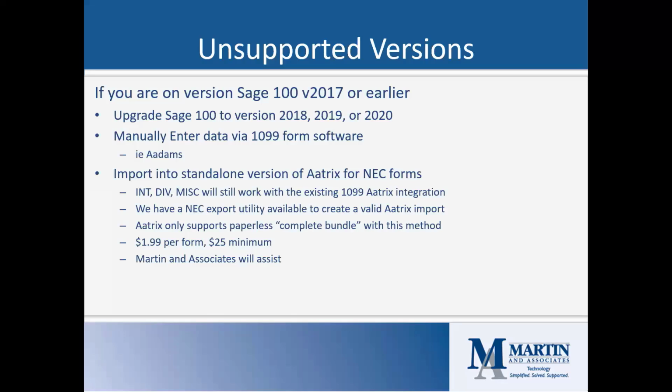So it's the complete bundle. That's the only bundle that is supported with the standalone. The price is $1.99 per form. It is $25 minimum. As you go through the process, it does show you what the cost is going to be before you actually commit, just like your Atrix process out of Sage does today. Before you pick, I want to print them versus I want to e-file them, you have the ability to look at the price to see how much that's going to cost.